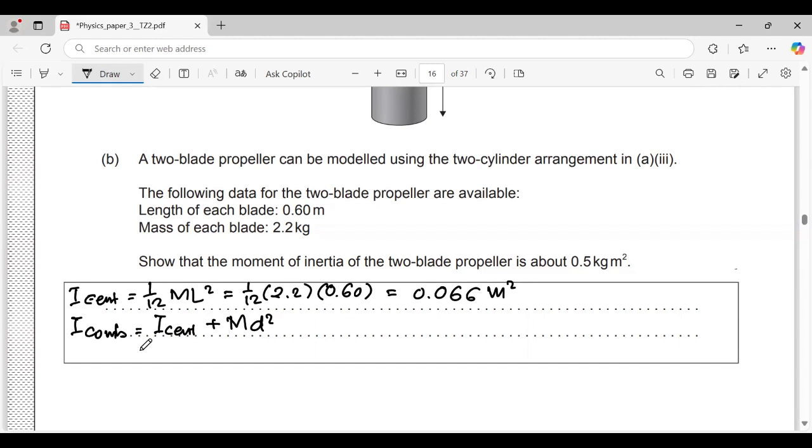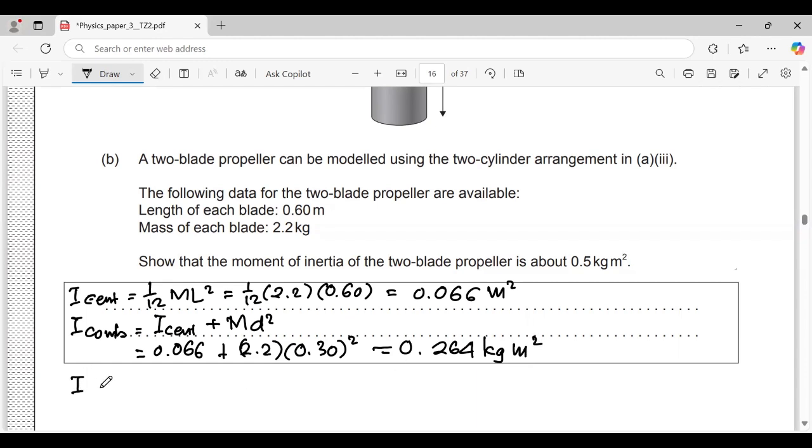And it becomes 0.066 plus m is 2.2, d is 0.30 squared. And if you calculate, the result is 0.264 kg m squared.